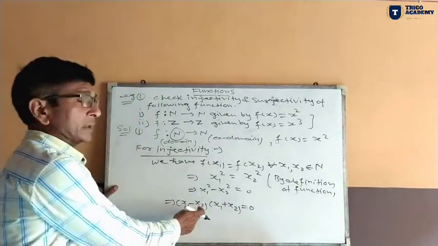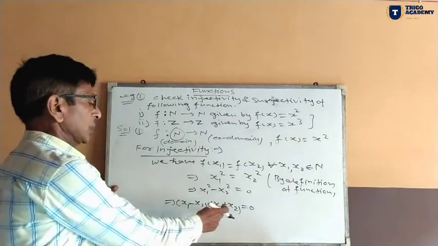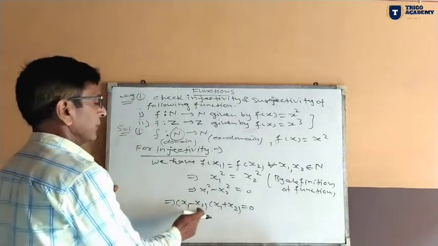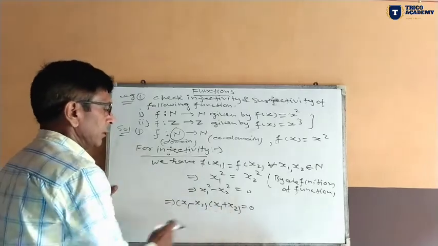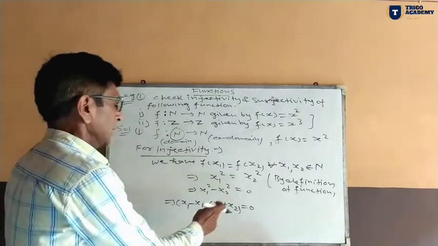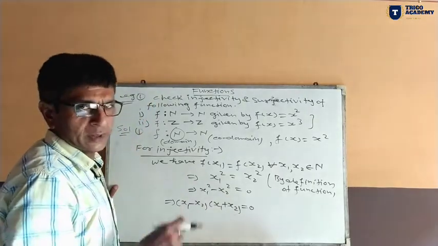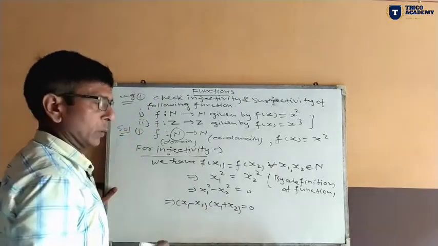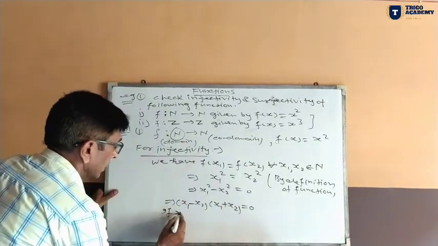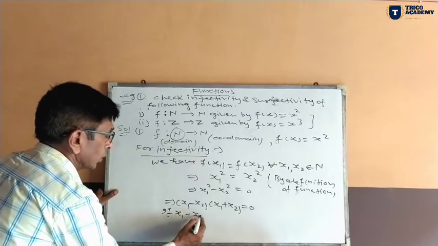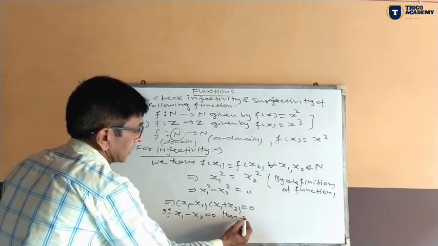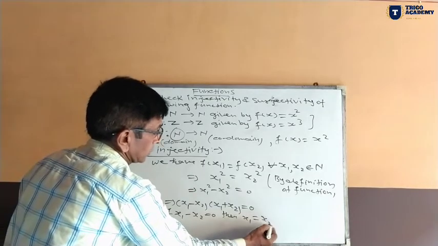There are two factors whose product is 0, so this is possible only when any one factor is 0. If x1 minus x2 equal 0, then x1 equal x2.